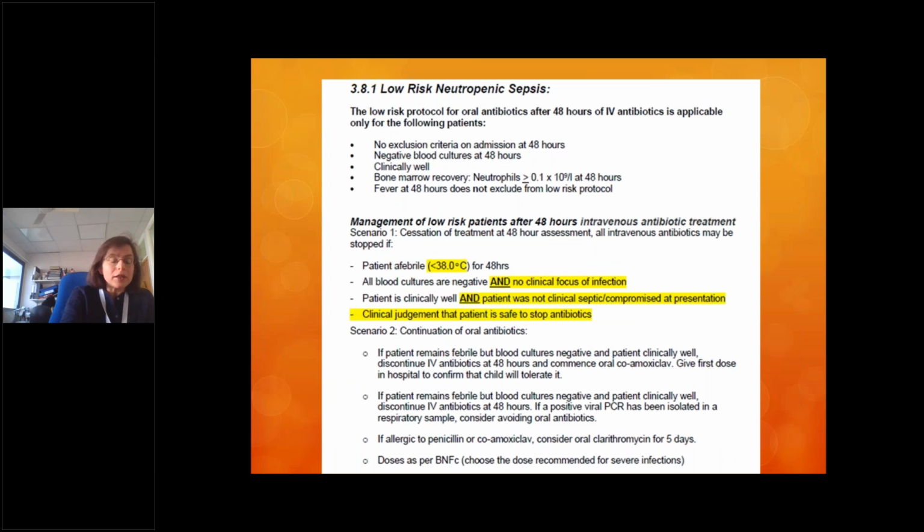They also need to have negative blood cultures. If they remain well, then they can be considered for discharge at 48 hours and converted into oral antibiotics. And this is what we have classified as low-risk neutropenic sepsis.